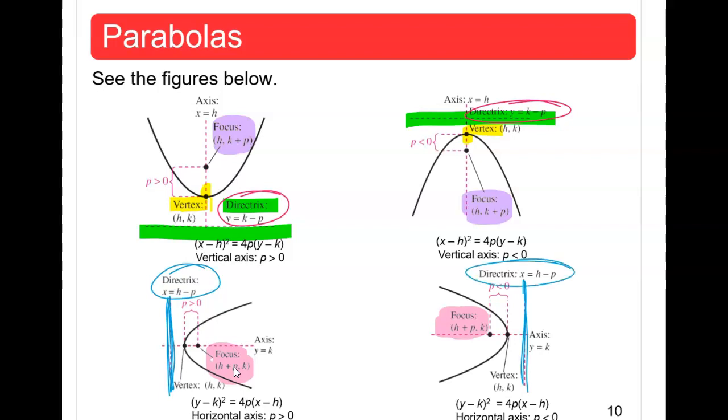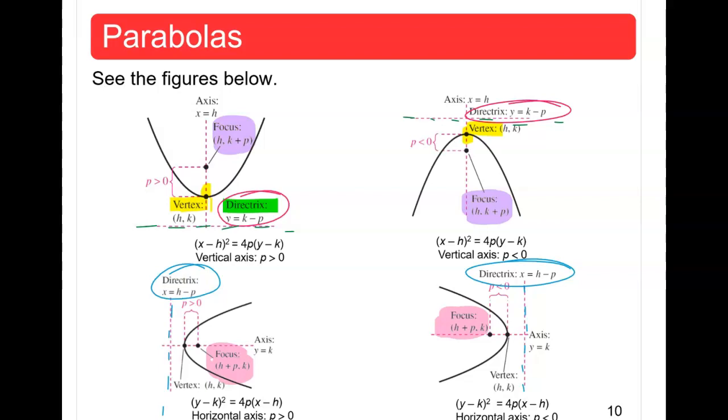And if you have to graph them on WebAssign, make sure you make them dotted or dashed so that they don't get counted wrong, because they're not actually part of the graph, they're not part of the collection of points. Only the solid line is the parabola. So that is the directrix here and here. And in the case of the upward and downward parabolas, they are horizontal lines. And so that's why the equation is y equals a number.